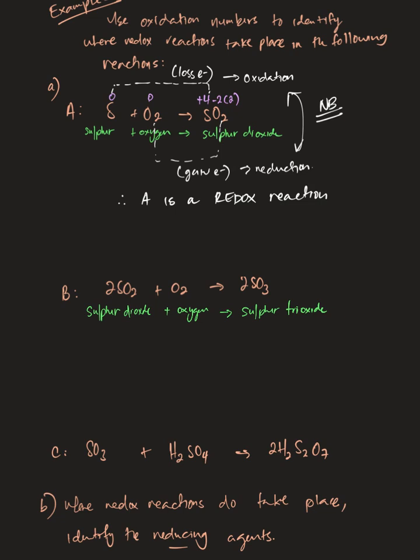Right, don't worry about the subscripts, just worry about what's going on here. Now in SO2, I know that the oxygen must be -2, and there's 2 of them, so times 2, which means my sulfur has to be +4. Right, done. The next thing I have to look at is the O2. The O2 is 0 because it's not in a compound. Then I've got SO3. Again, I don't know anything about sulfur, but I do know about oxygen.